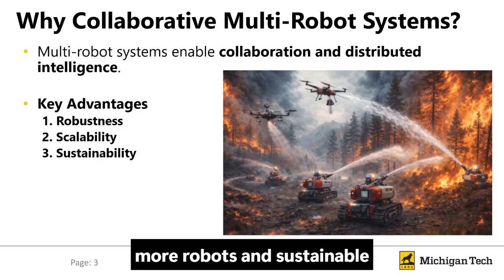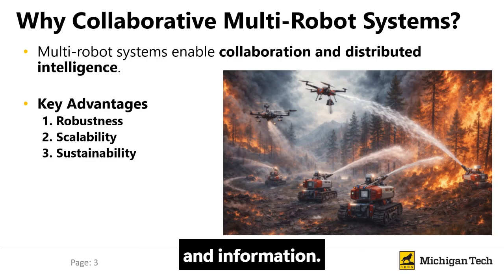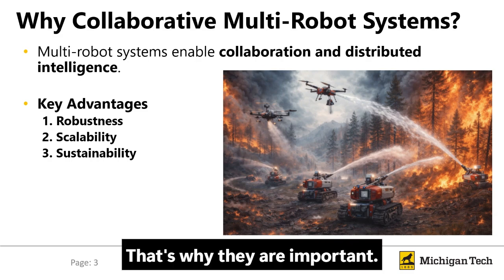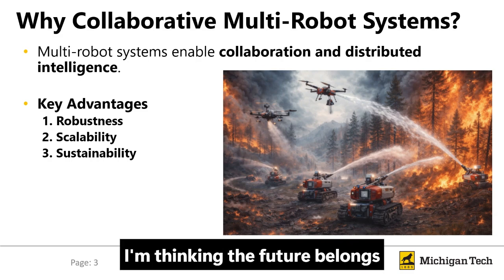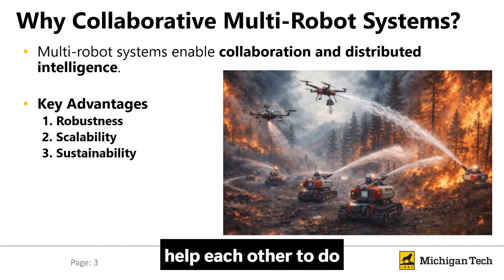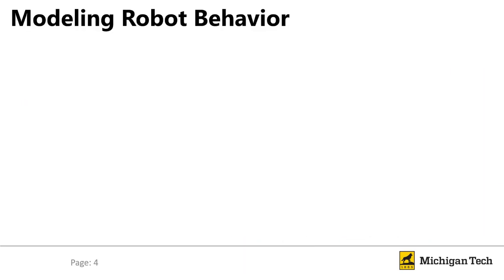And sustainable: robots can share resources and information, and they enable long-term autonomous operations. That's why they are important. I'm thinking the future belongs to multiple autonomous systems helping each other to do big tasks.